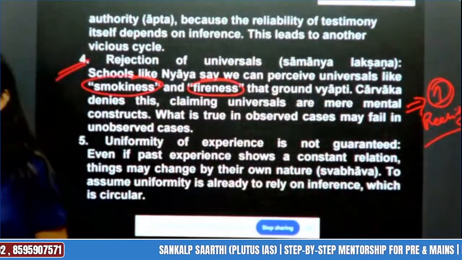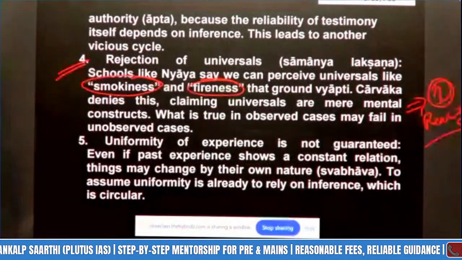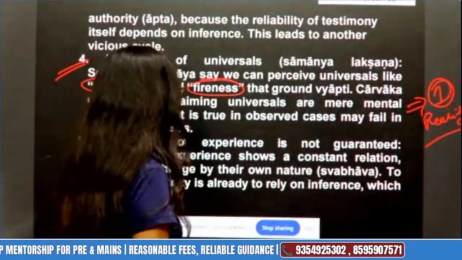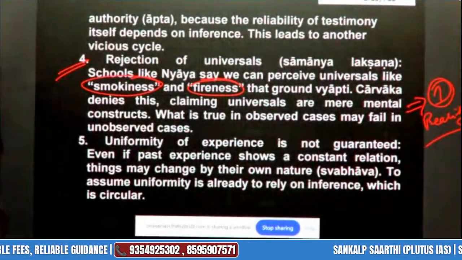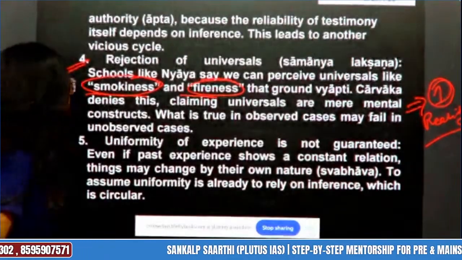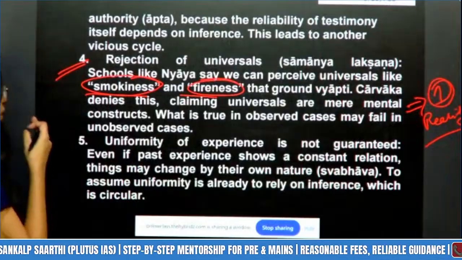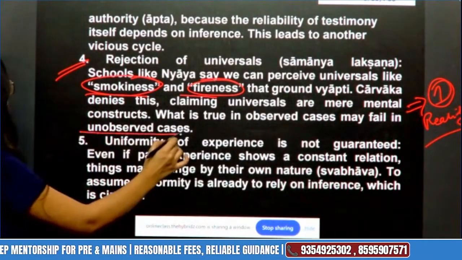What did he accept? Charvaka accepted the reality before our eyes, this external world, not something beyond. The universals like smokiness and fairness, he didn't accept, right? He says these are just mental constructs of ours, so all these observed cases may fail in unobserved cases.